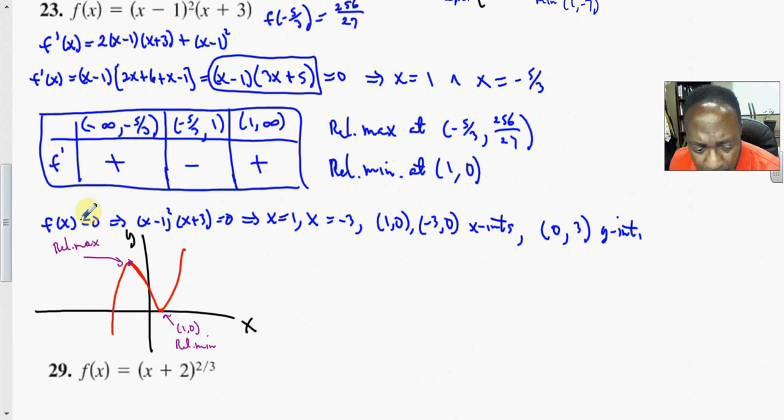Guess it just doesn't like my A. That's the point (negative 5/3, 256/27).